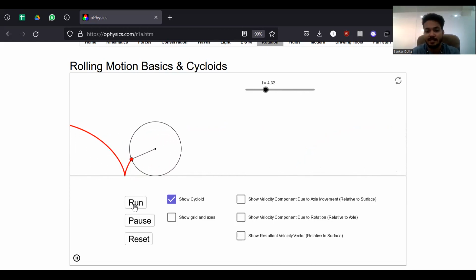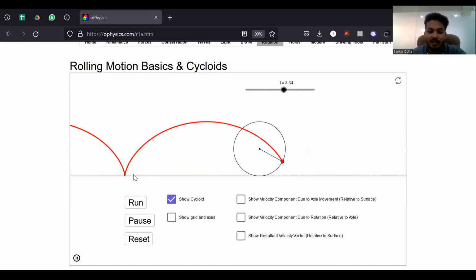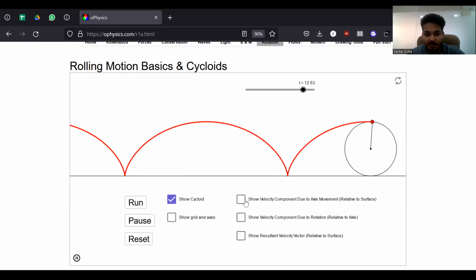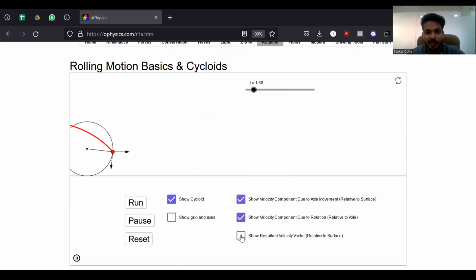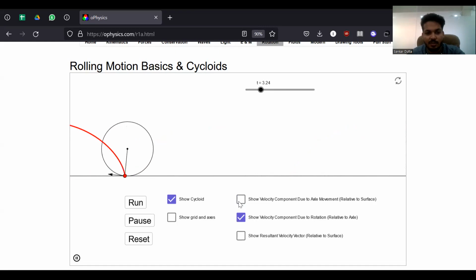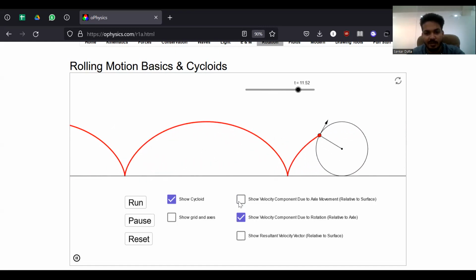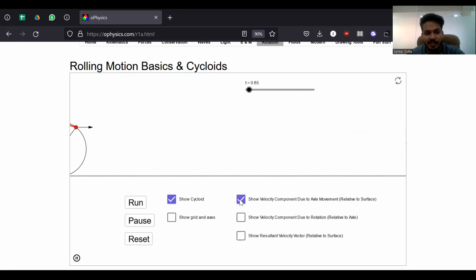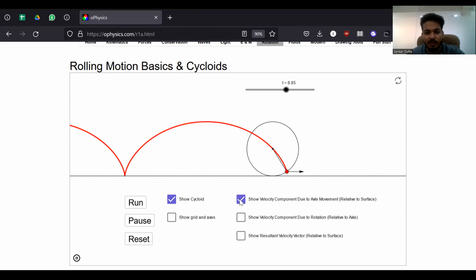So in pure rolling, guys, the lowermost position on the wheel is going to be at temporary rest. Okay, so these are the two vectors which are changing. I'm also putting in the vectors here. Let me show first only the rotational velocity. This is how the rotational velocity works. And if I show only the translational velocity, it's always pointing forwards, right?